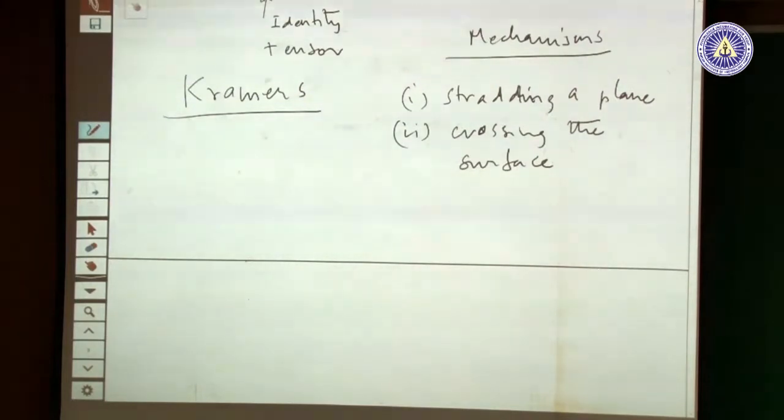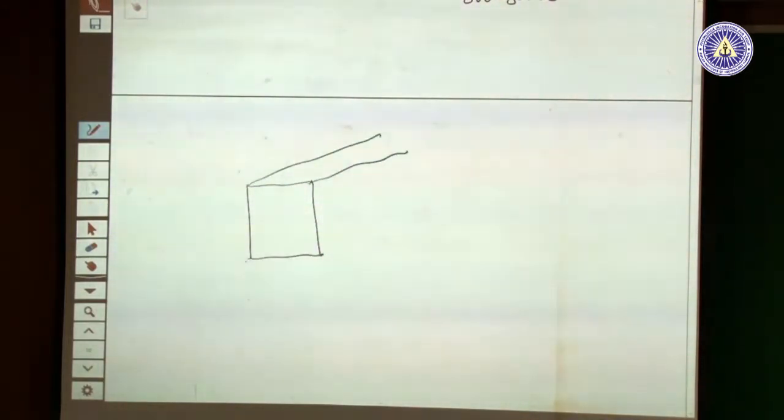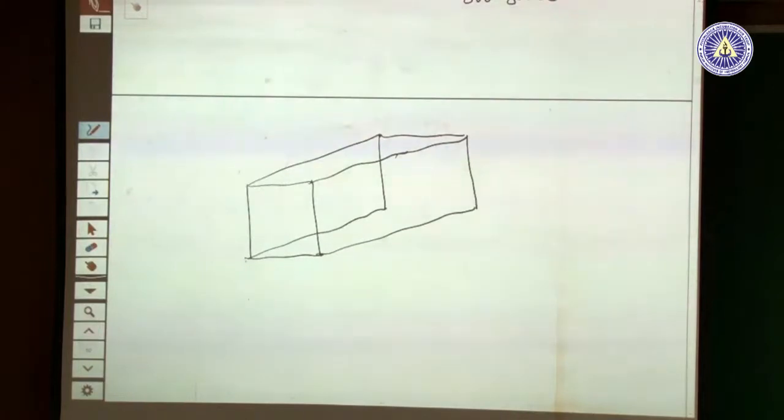Let's treat this case first, and I'm going to have to sketch something. So here's a box. I'm not very good at this, so okay.